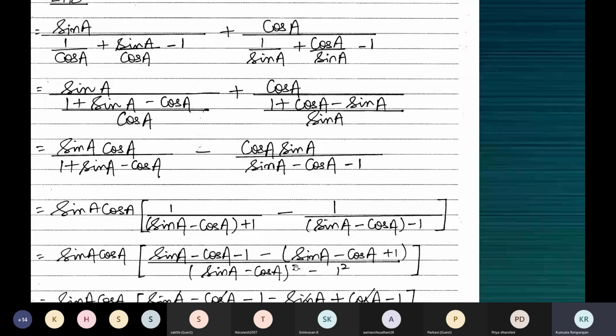A square minus B square. All these terms here: minus is very dangerous. When you have a minus here, please enclose these terms in a bracket. All this in a bracket. So here you can see minus and all these terms, sin A minus cos A plus 1, in a bracket.